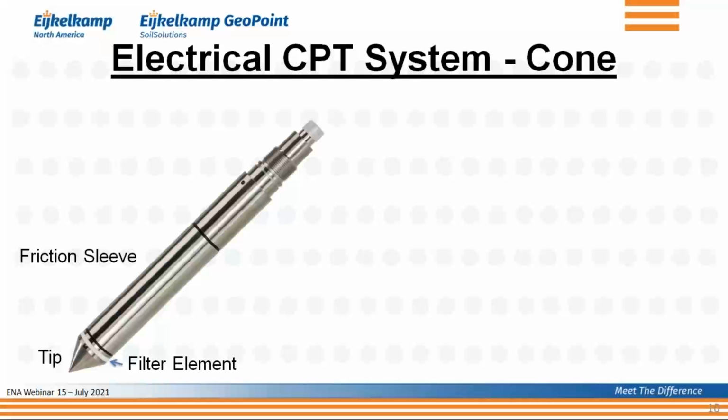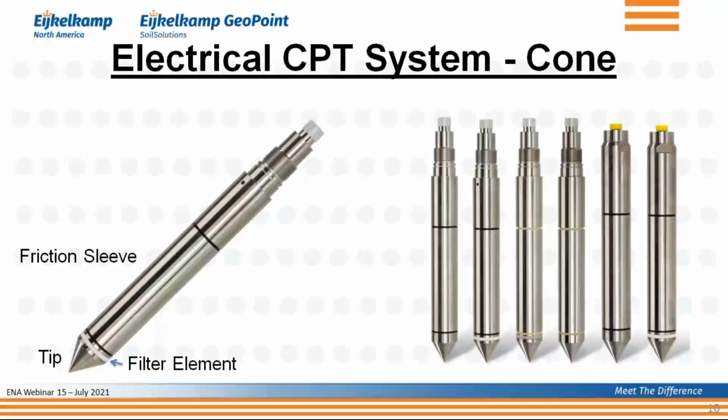Here you see that cone. The nomenclature: you have the tip, you have the friction sleeve, and you have the filter element, and that is the cone. But when you look at some other pictures of cones, suddenly you start seeing some small differences, because in the cones that are now boxed in red, the filter element is basically missing.